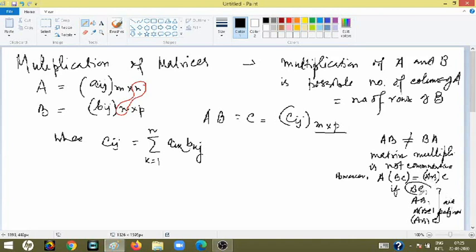If those matrices are defined, that is, number of columns equal to number of rows, the restriction follows.